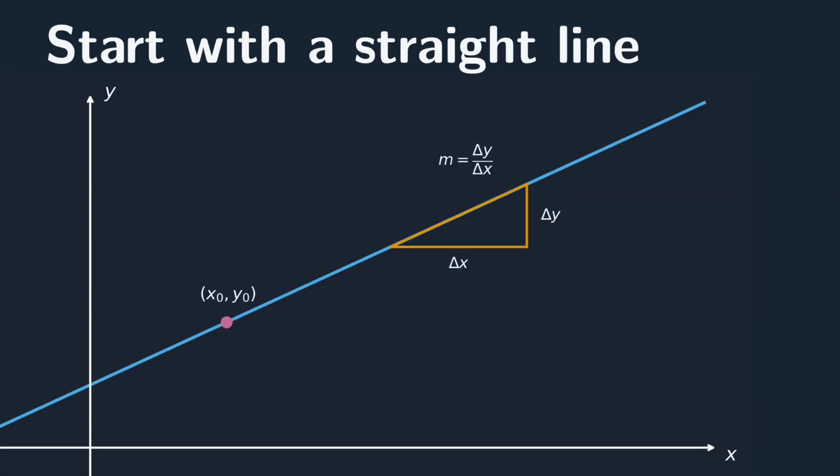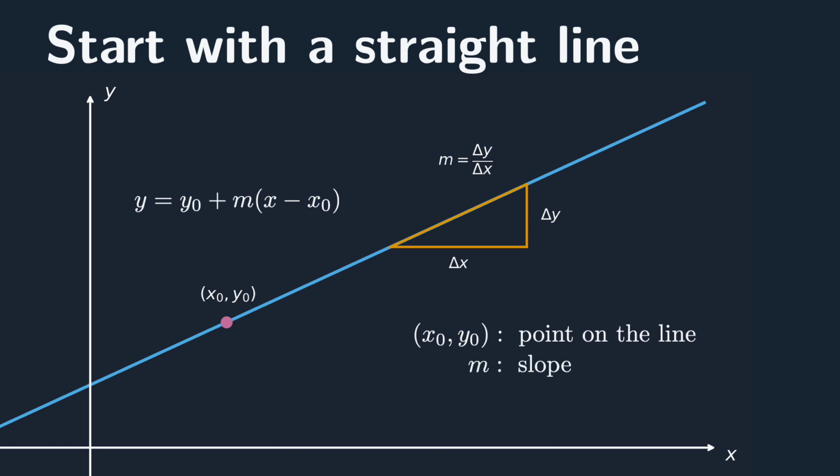Let's start with a straight line. One way to write a straight line is as y = y₀ + m(x − x₀). This form says that the line passes through the point (x₀, y₀). Here, m is the slope of the line.